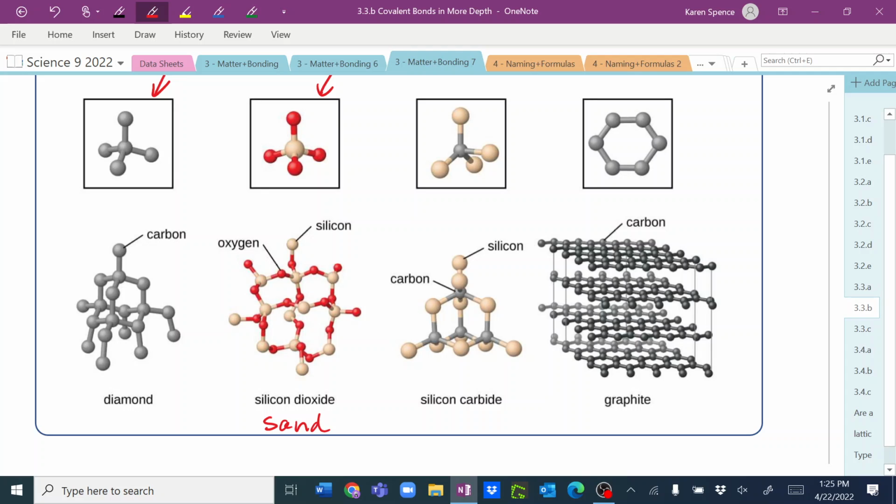Yes? So these are covalent bonds. In between the layers, there are much weaker forces. Okay, those weaker forces are called intermolecular forces. They are forces between molecules, intermolecular. So there are these weak forces in between the layers. But within the layer, there are these really strong bonds.